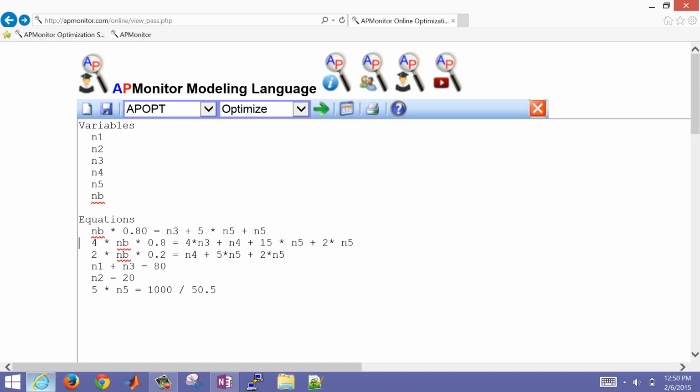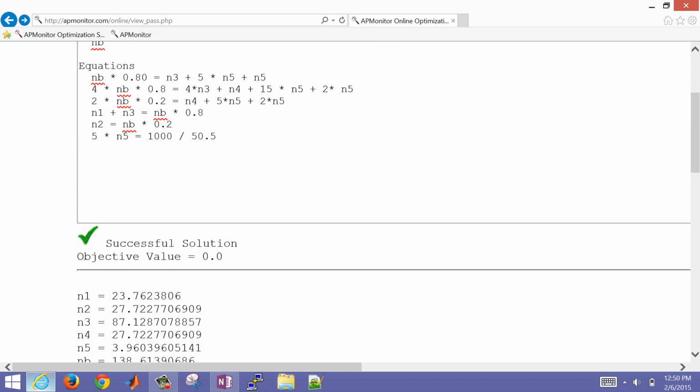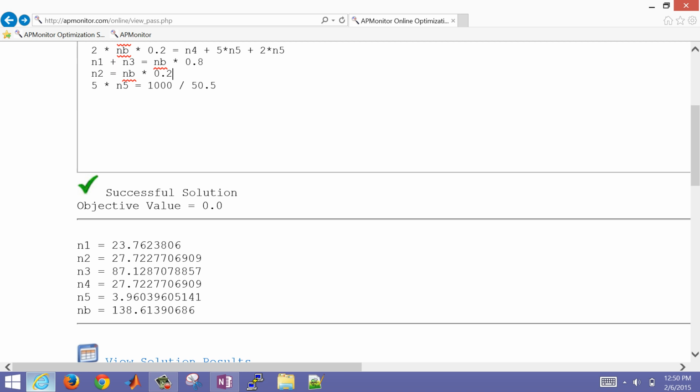I'm going to go back to the equations. Oh, there it is. These also need to be converted to the basis times 0.8, and then the basis times 0.2. So I just had to make sure I replaced all of those with these new variables, and then if I solve it, I can see there's my basis.